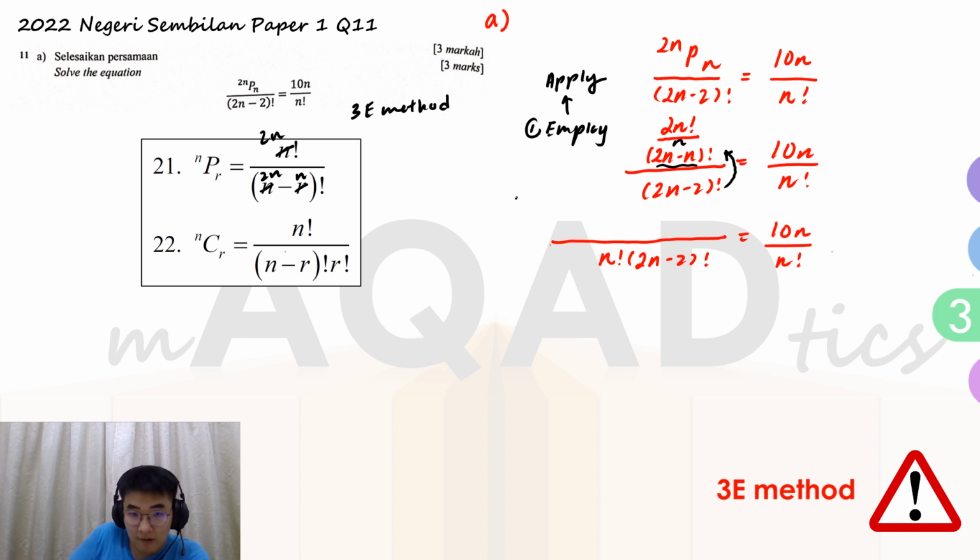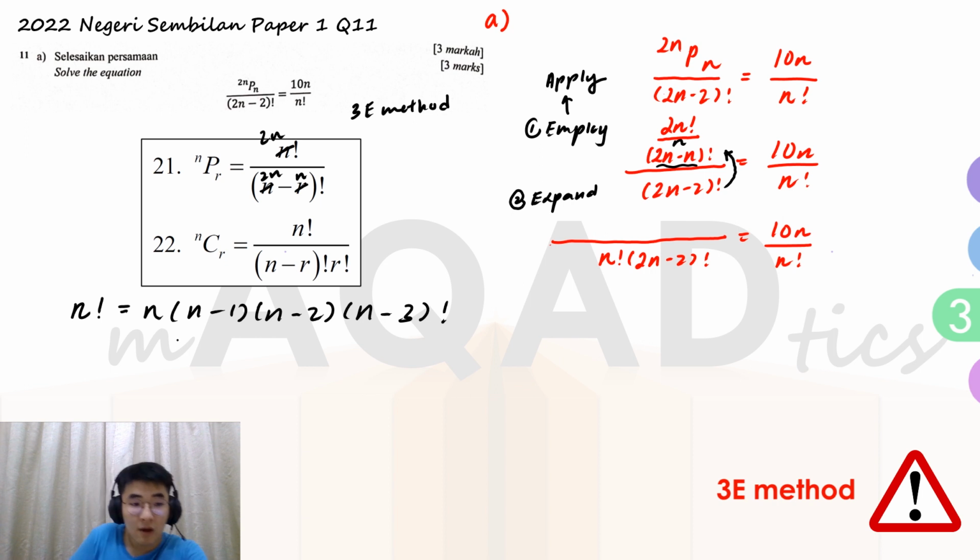This brings us to the second E, which is expand. So what is expand? If you refer to this formula, this is n factorial, and we are trying to expand its value. The first value would be the original value, which is n, and going to the next number, we need to minus the original number with 1. So here it will be n minus 1. Going to the next number is the same thing as well.